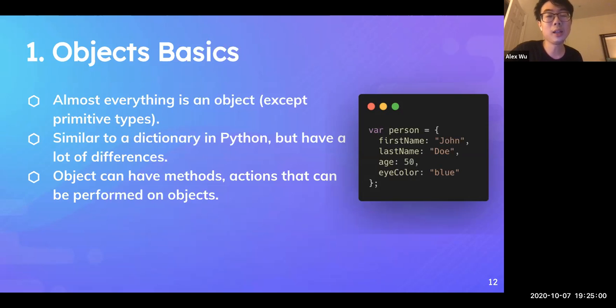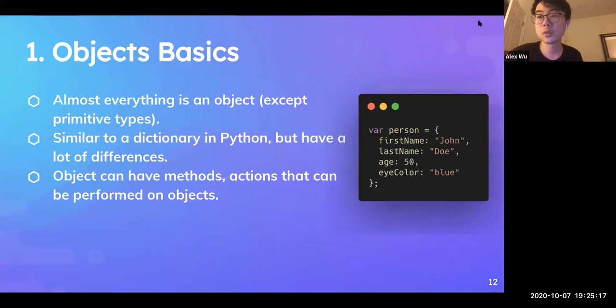Object here is the general sense of object that we're talking about. When we want to be more specific and mention object in JavaScript, we think about a dictionary in Python, though there are lots of differences.